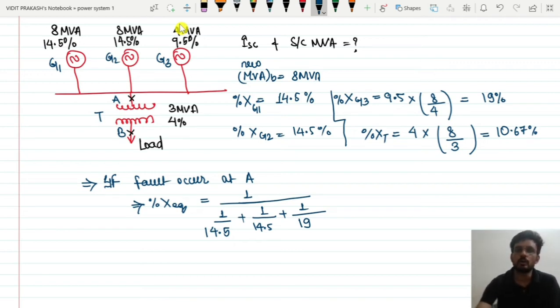These are all connected in parallel, that's why I have calculated like this.